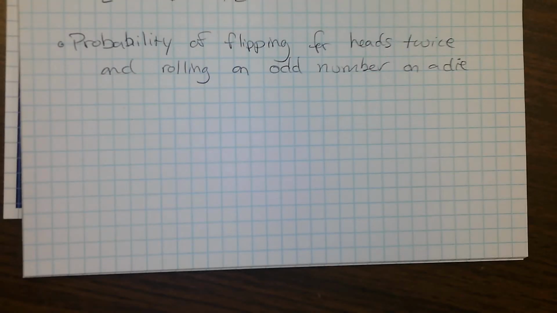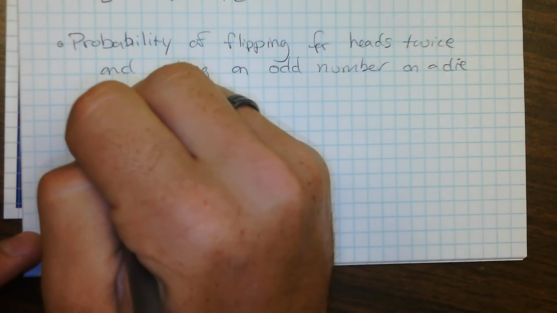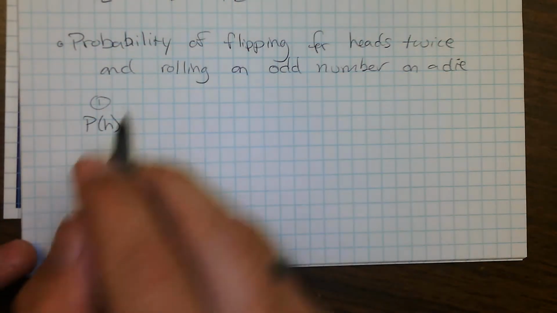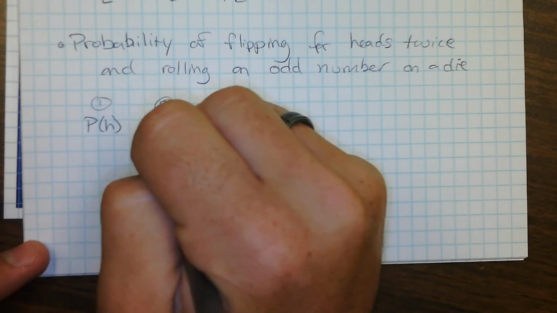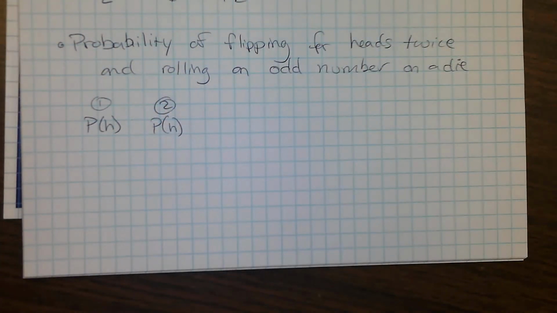So for this example, I'm trying to find the probability of flipping heads twice and rolling an odd number on a die. So there are 3 events here. The first event is flipping heads. The second event, again, is flipping heads because we want to flip heads twice.